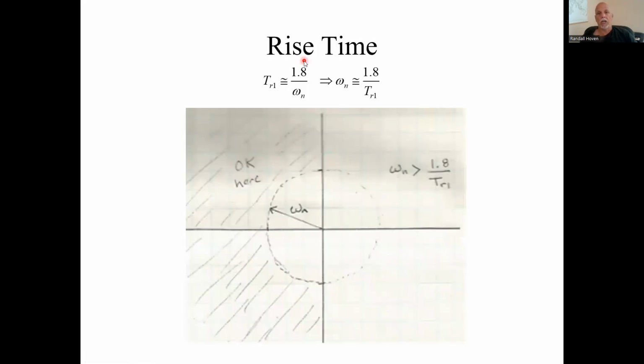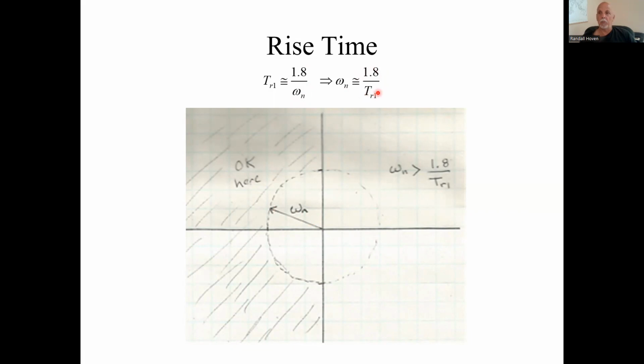For the rise time, I won't go back to the formula sheet, I just promised, but we had two formulas for the rise time. And when we do this kind of thing, sketching where in the complex plane we want the poles, we use this simpler one, which gives us what omega sub n needs to be. And omega n, remember geometrically, is the distance of the pole from the origin.